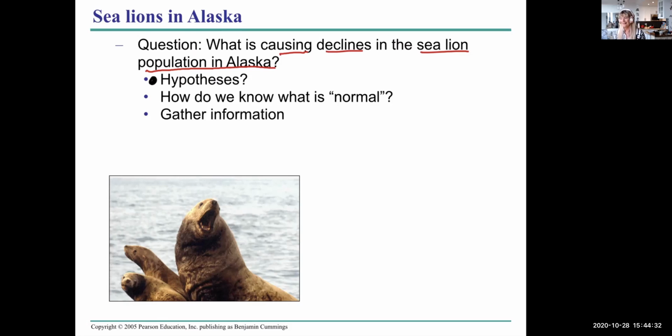What is another reason that aquatic populations or marine populations may be declining or fluctuating? What's another reason?